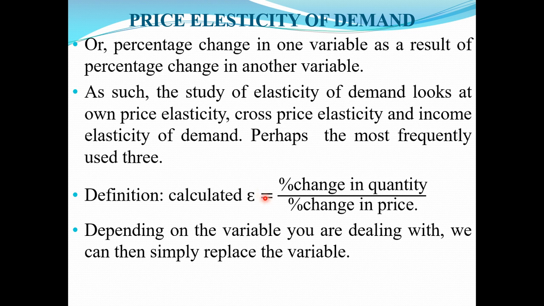So in this case, since we're talking about price elasticity of demand, we are going to use this particular formula, where price elasticity of demand is represented by E. In other books, it's epsilon, with a small p down, which is price elasticity.